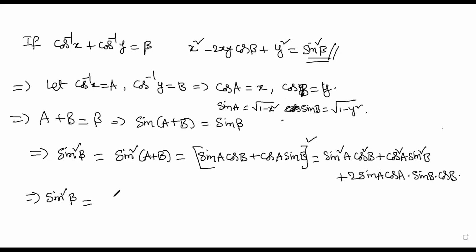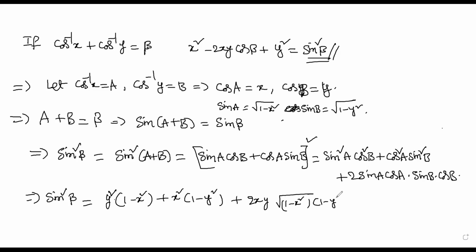Cos square B is y square, into 1 minus x square, plus x square into 1 minus y square, plus cos A cos B is 2xy into square root of 1 minus x square into 1 minus y square. So this is what we get.